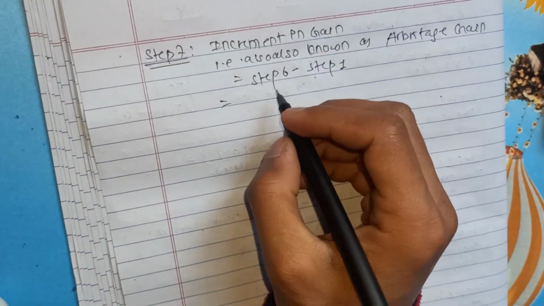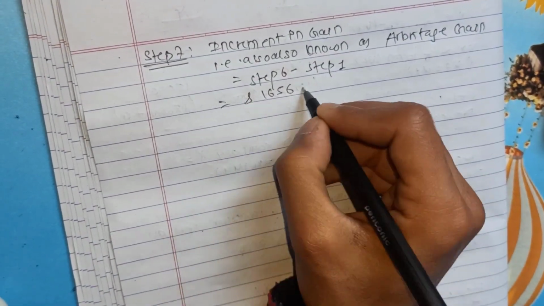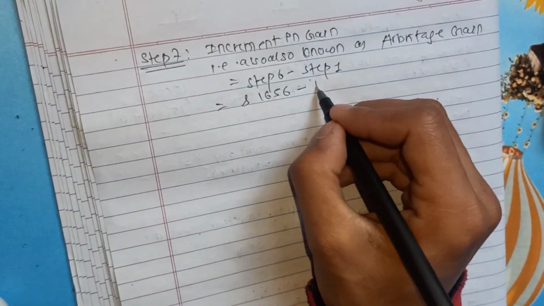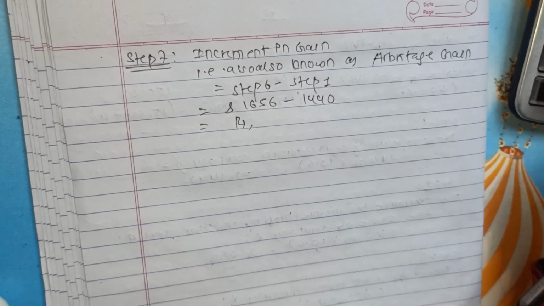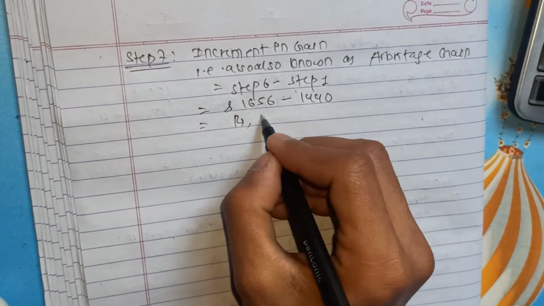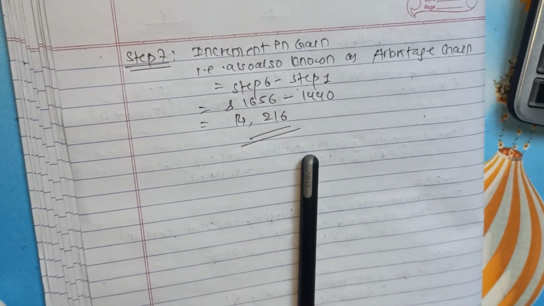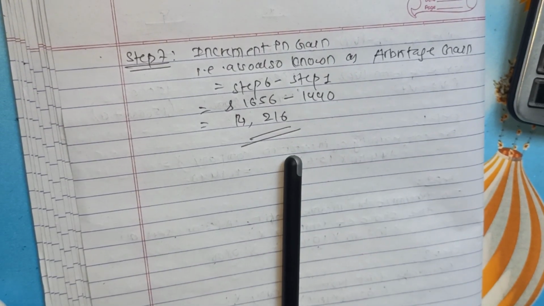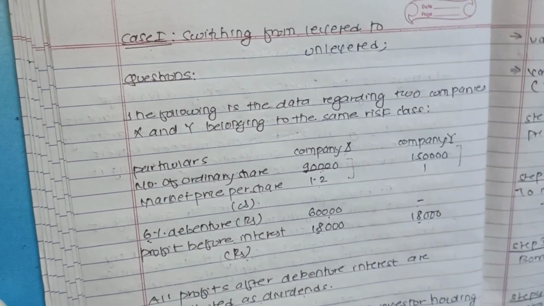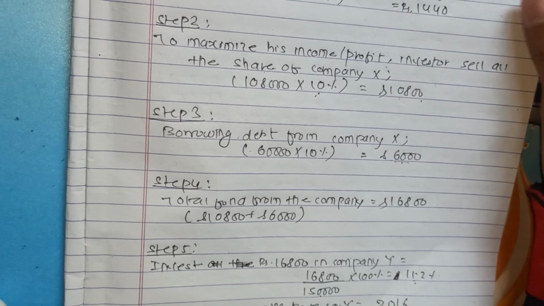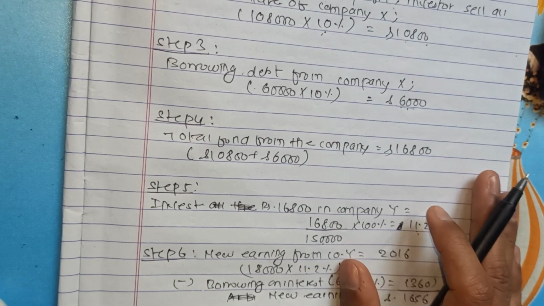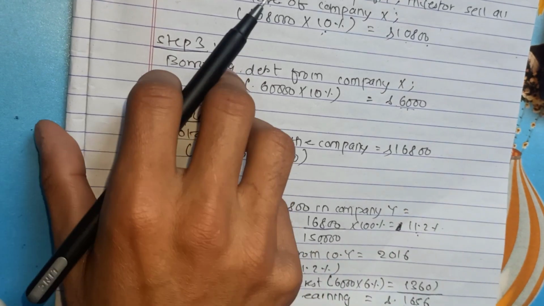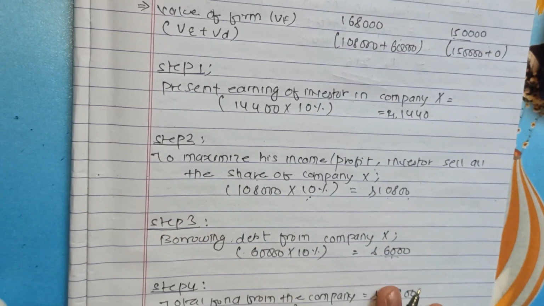Step 6 means 1656 rupees minus 1440, that comes to 216, which is our earnings, meaning arbitrage gain. If you follow all these steps, you will definitely make no mistakes in the exam.